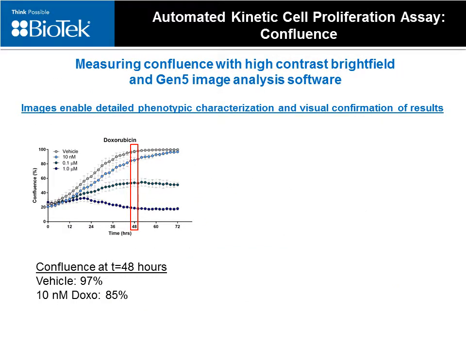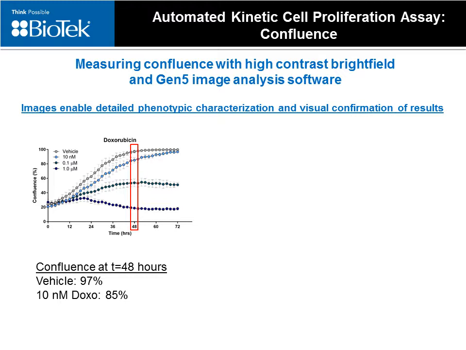Now, images that have been automatically collected and analyzed throughout the proliferation experiment can be reviewed, providing valuable insight into the biological process and to evaluate specific time points and results of interest. So, for instance, we might be curious about the relatively weak inhibition seen at low concentrations of doxorubicin, leading us to focus in on the time point highlighted here in red, 48 hours into the experiment.